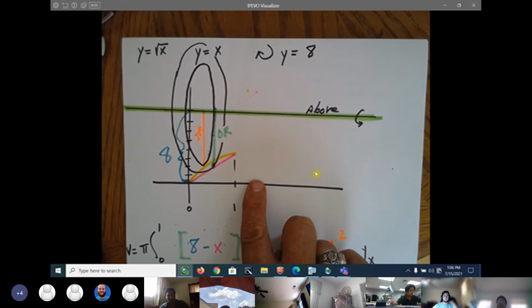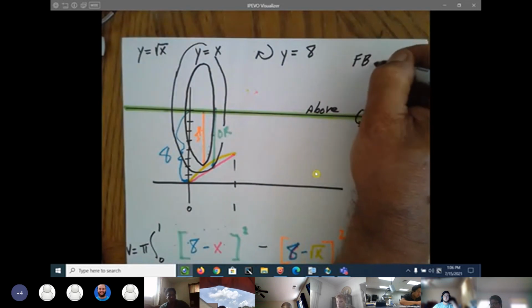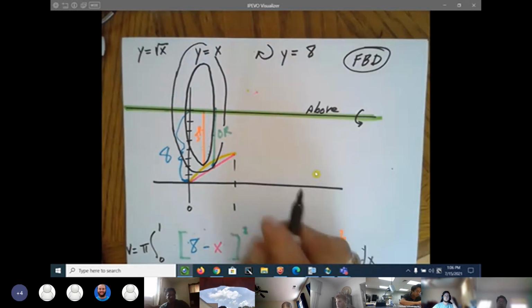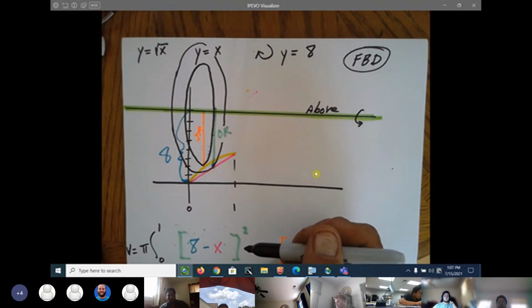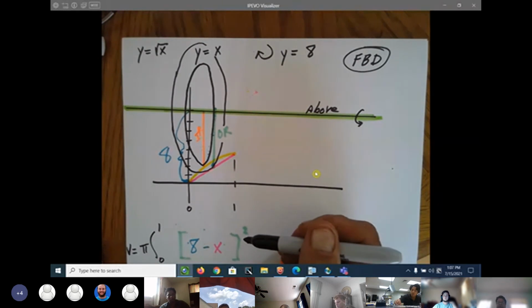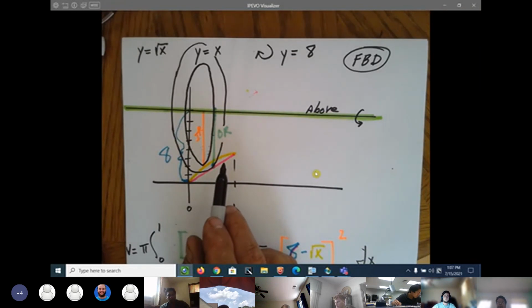Your graph. Exactly. What do we call it in physics? Free body diagram. Are you getting in the habit of doing that? Yes. Will you be doing that in Calc 2? Yes. And I don't care how smart you think you are, you're going to be drawing some free body diagrams in Calc 2 and physics. You will be doing that.